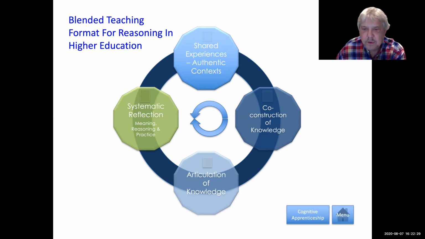You can start your instruction with co-construction, or systematic reflection, or articulation, or shared experiences where you're actually in the field sharing an experience. There are lots of different ways you can go about starting the instruction, and you can go back and forth.